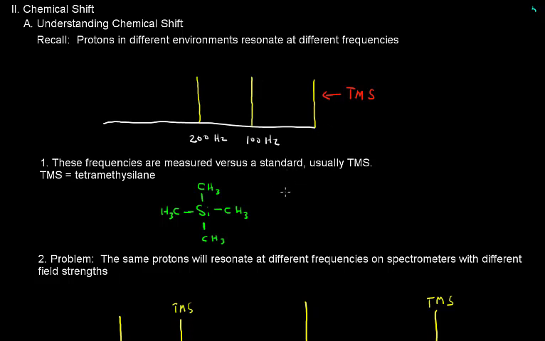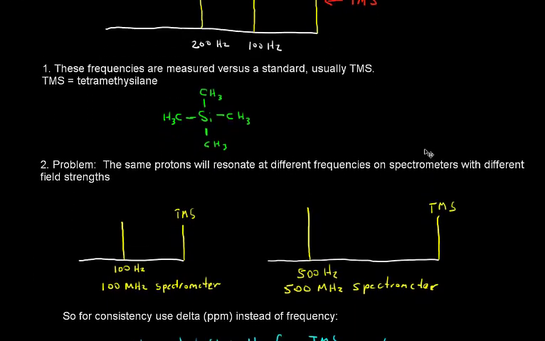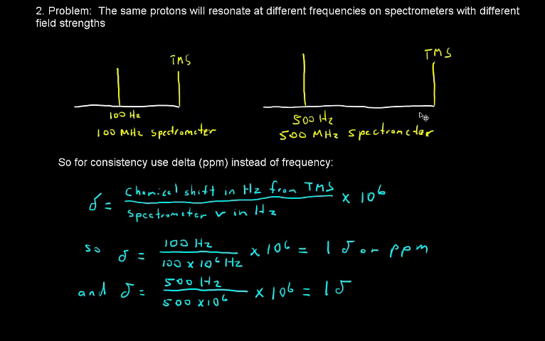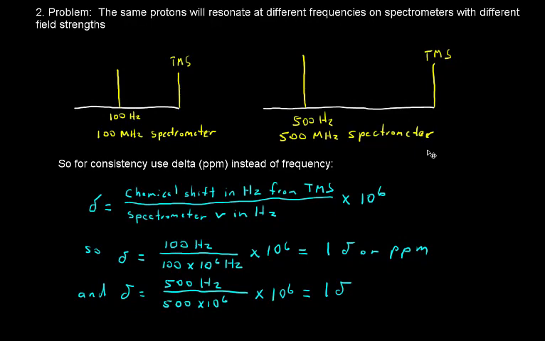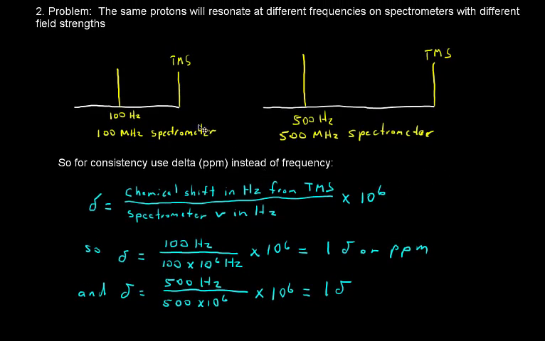So there's a problem here, and that is there are a lot of different types of NMR spectrometers. And those different types of NMR spectrometers will often have different strengths of magnets. The same protons will resonate at different frequencies.